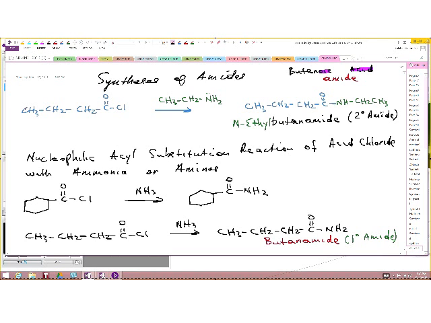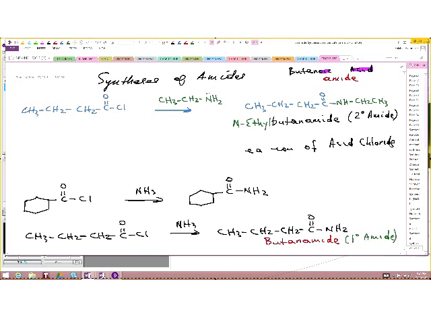Now supposing we want to make a tertiary amide. Let us take the same acid chloride. To make a tertiary amide, this time you take a secondary amine.